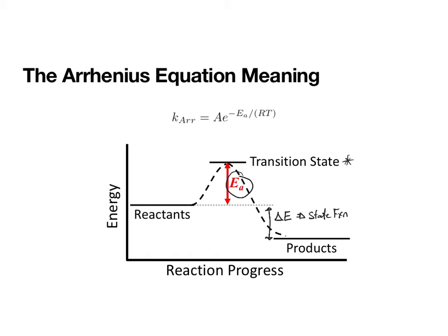And so we can express that as the delta G of the reaction or the delta H of the reaction, depending upon what we're holding constant. So with knowing the activation energy, we can get a full picture of the energetics of the reaction and begin to understand some of the energetics of the mechanism for this reaction.